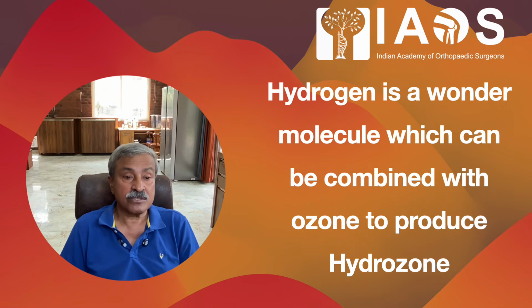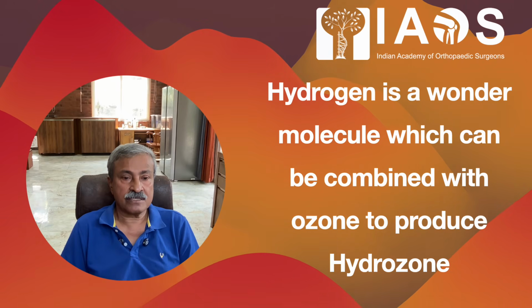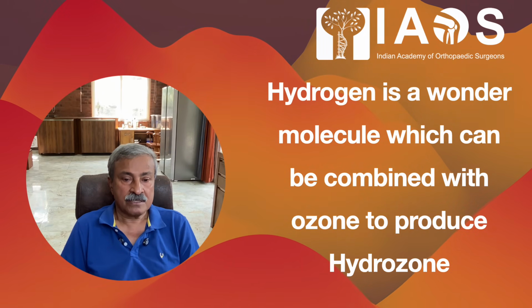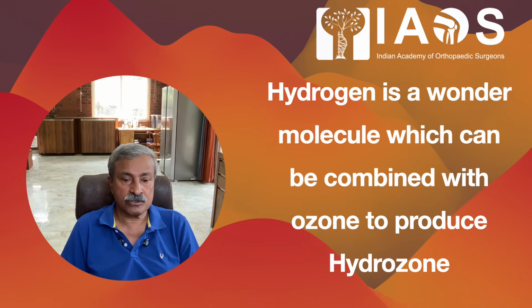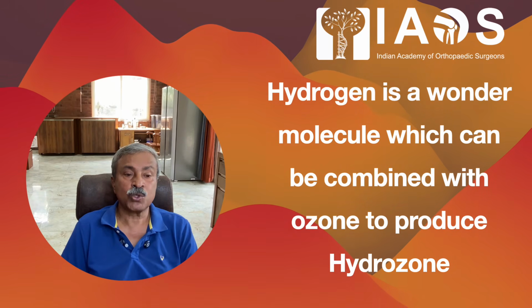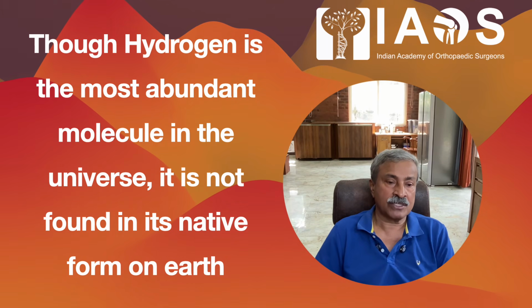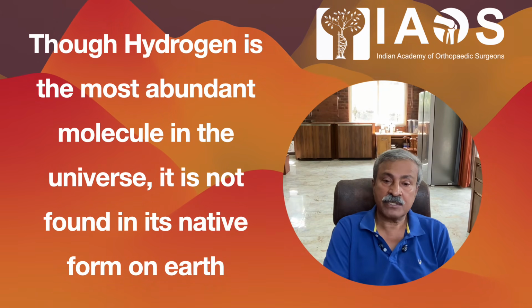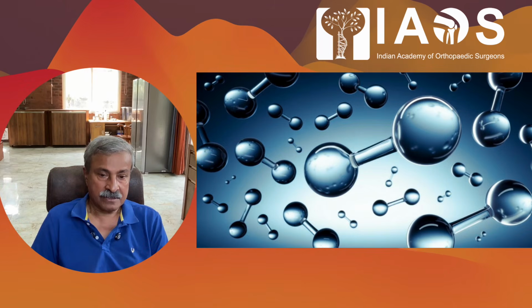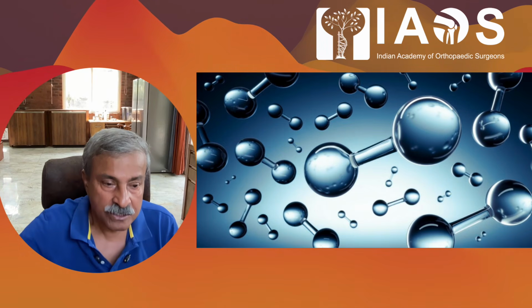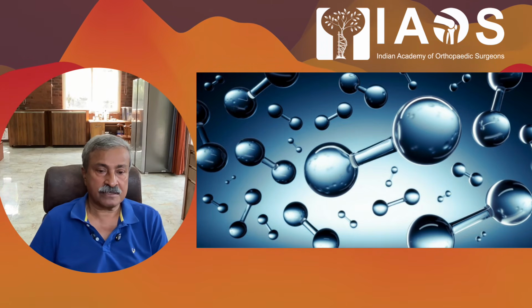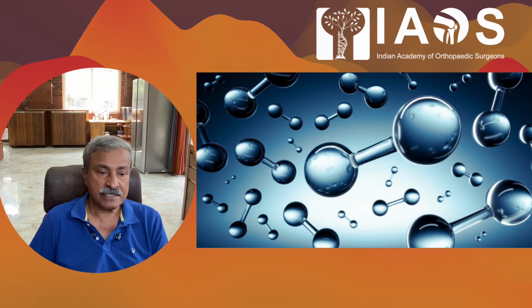Next comes hydrogen. Hydrogen is a wonder molecule and this can be combined with ozone to produce hydrozone. Though hydrogen is the most abundant molecule in the universe, it is not found in its native form on earth. It is just two atoms of hydrogen, H and H, making H2, which is the lightest and smallest molecule in this universe.